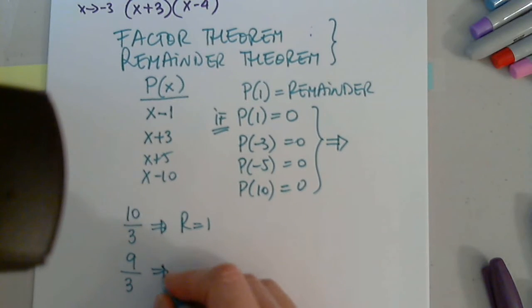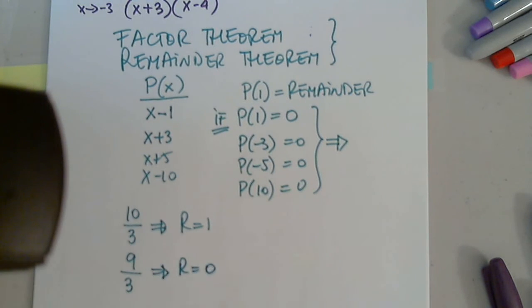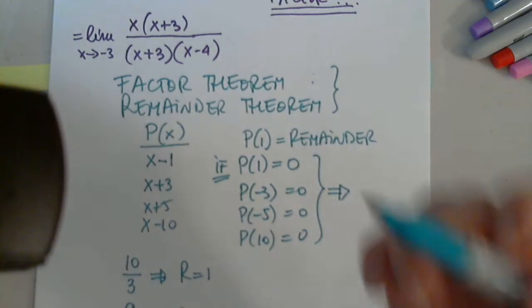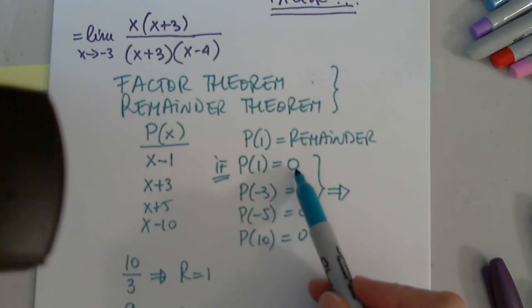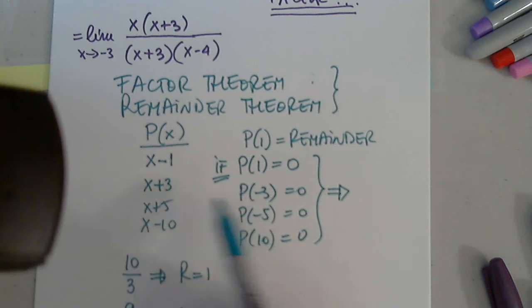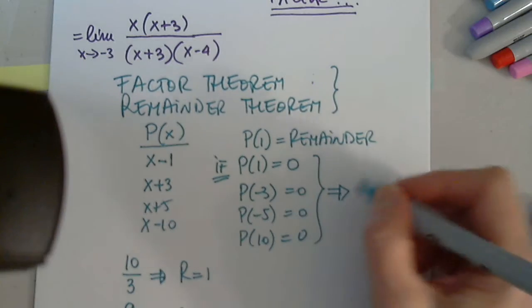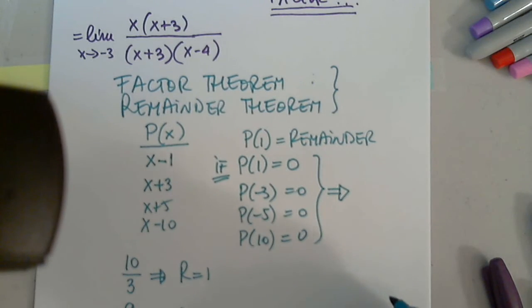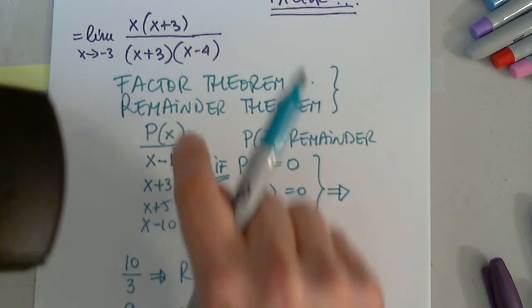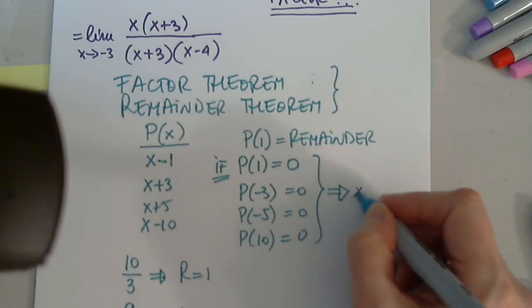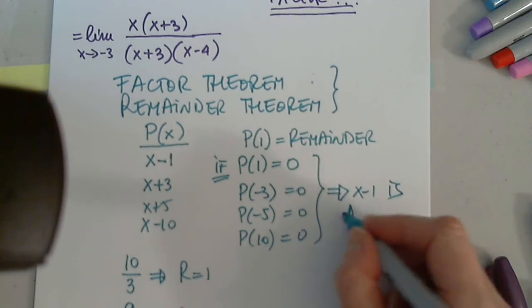Which means the remainder is 0. So what I'm telling you, when I divide this polynomial by x minus 1 and I get the remainder to be 0, what does this mean? It means there is no remainder. It means that x minus 1 is a what for p of x? A factor. Yes.